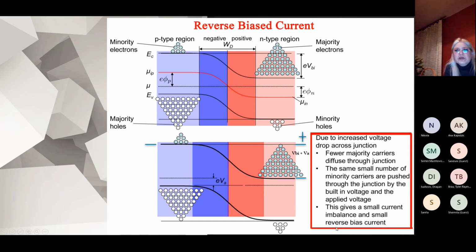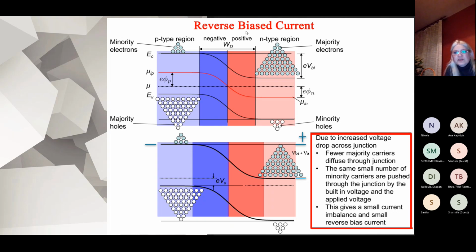So your current will be smaller, and that's why in the future any kind of current we measure in the solar cell will always be the forward bias current and not the reverse bias current. But now we're going to see why this current decreases if you have a reverse bias.